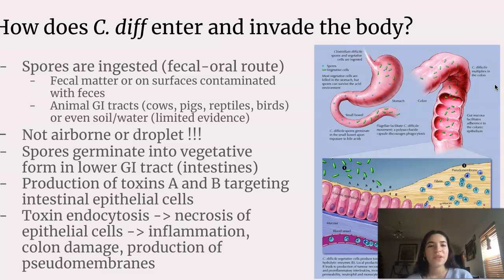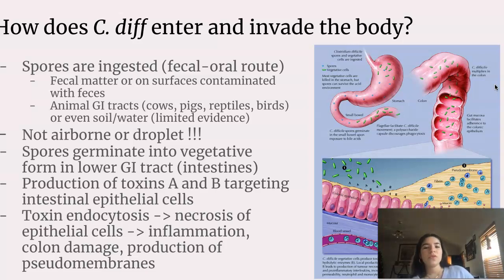So for example, at the doctor's office, the thermometers that you have, or the beds where the patients are lying, or any surface that is contaminated with these feces from someone that has C. difficile. It's also found in animal GI tracts like of cows, pigs, reptiles, or birds, even soil or water, but there's limited evidence since most of the CDI infections are caused in hospital settings. So it's not airborne or droplet.